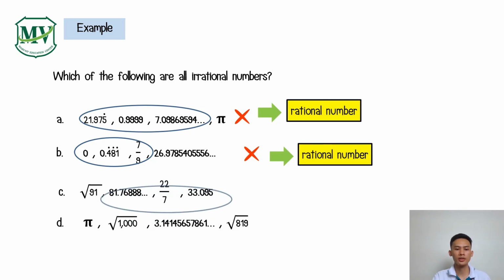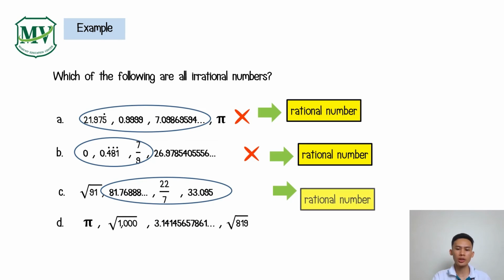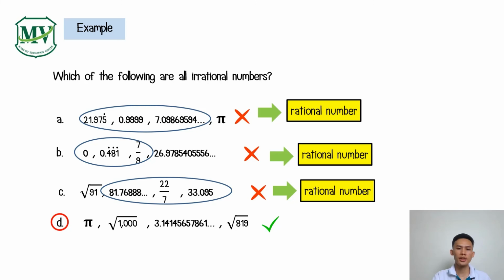In letter C, some of the numbers are also rational numbers. So letter C is not the answer also. In letter D, all the numbers are irrational numbers. So the answer is letter D.